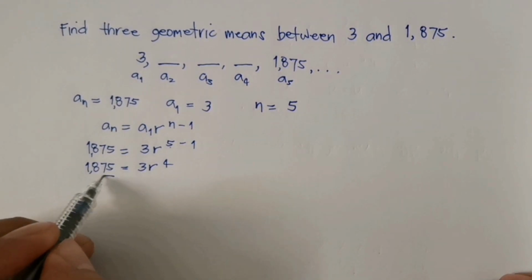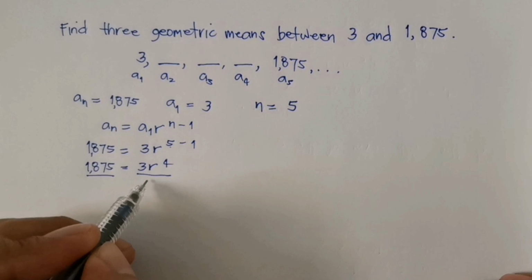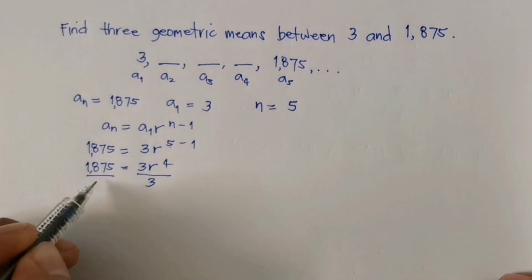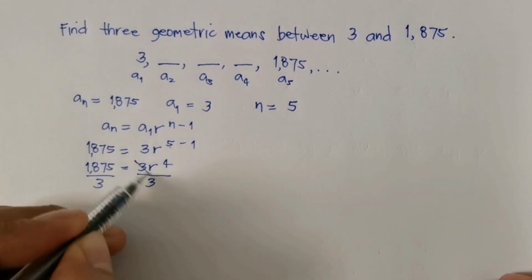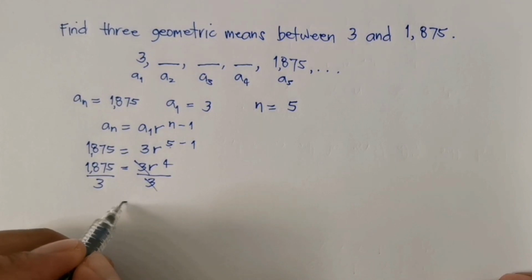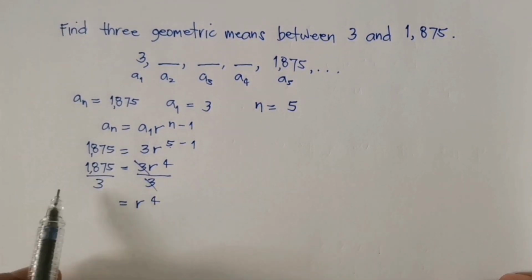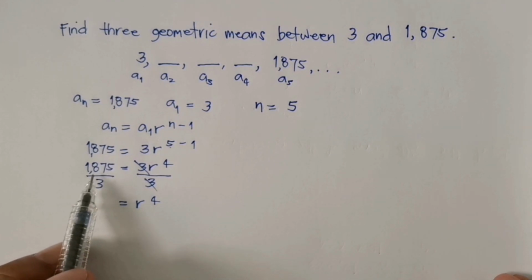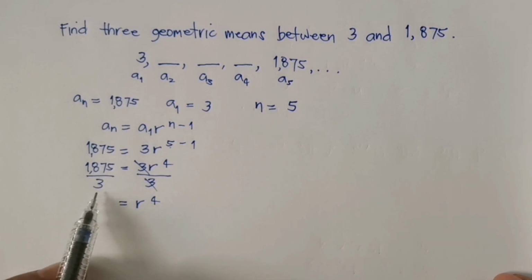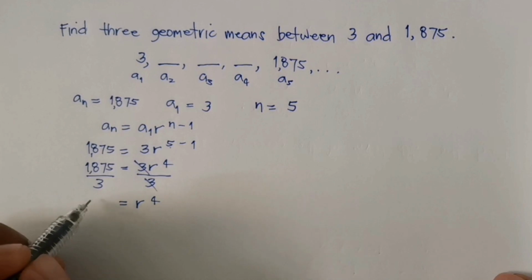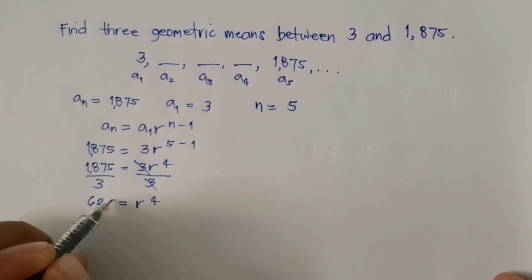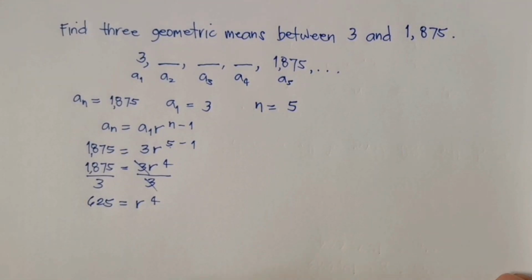Isolate r, divide both sides by the coefficient of r, which is 3. Cancel out. What remains on the right side is r raised to 4. Dividing 1,875 by 3 will give us 625. Then to get the value of r alone, let's extract the roots.